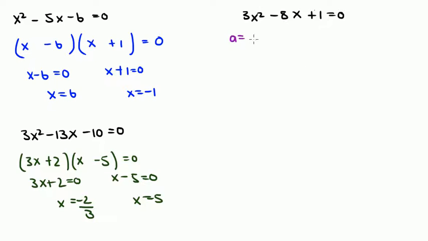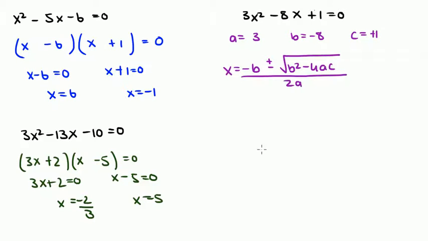So we identify that a is equal to 3, b is equal to minus 8, and c is equal to 1. And using our formula, minus b plus or minus the square root of b squared minus 4ac, everything over 2a, and we substitute in.